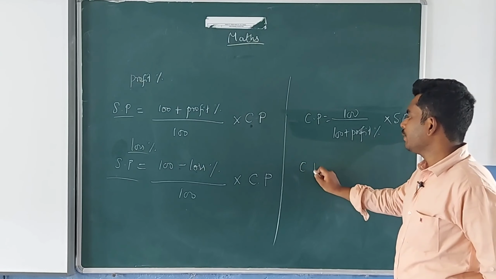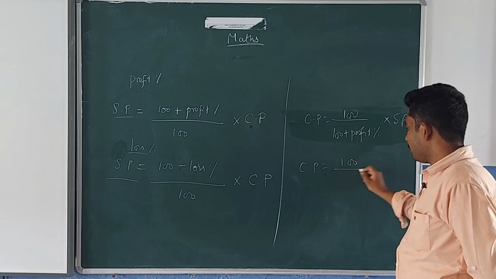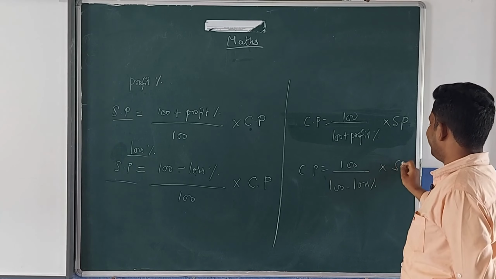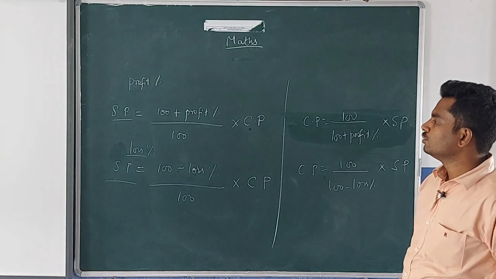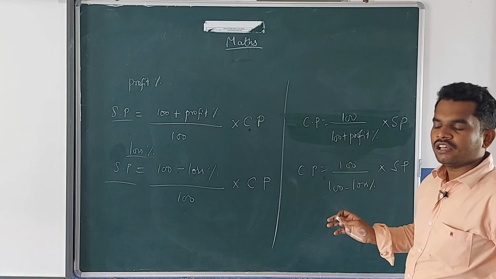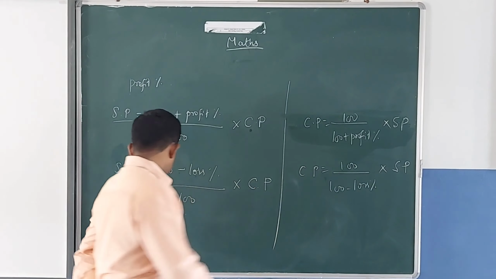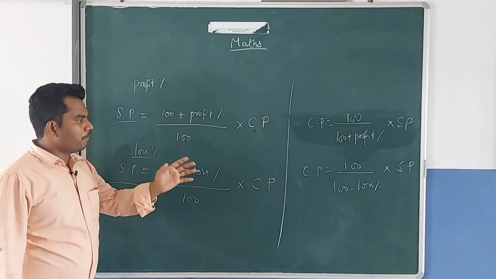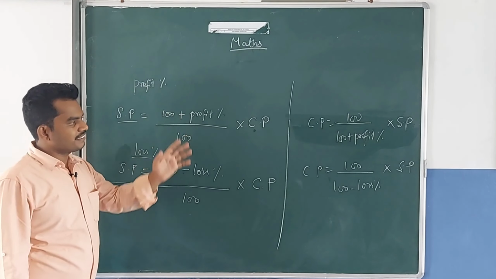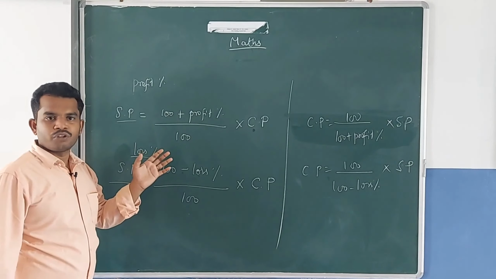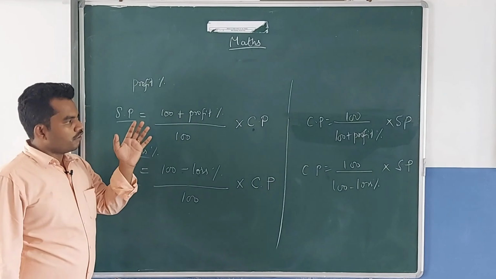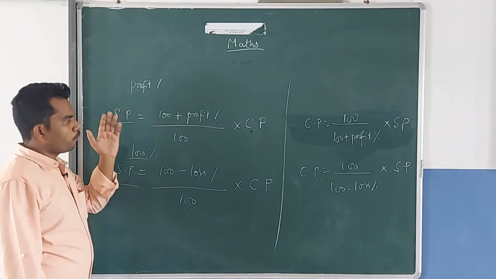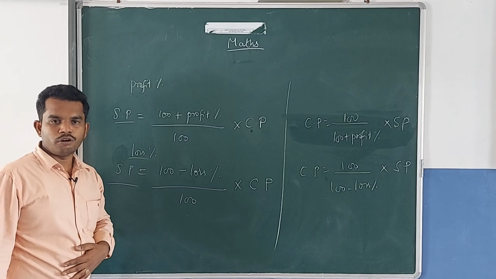Same, CP equal to 100 by 100 minus loss percentage into SP. So these are the formulas we use in the upcoming sums and the exercise 4.2. Okay, 4.1 is reduced by the government, so I omitted 4.1. 4.2 exercise will be followed.